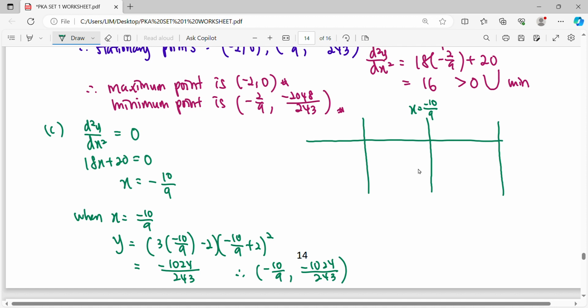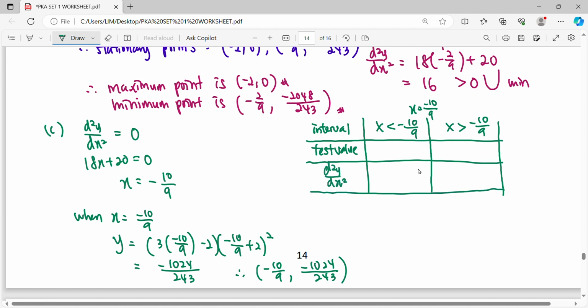Let's say you take a value to test, meaning your intervals: this one will be less than negative 10/9, and this one will be more than negative 10/9. So we take a test value to put in the second derivative, so that we can see the concavity.